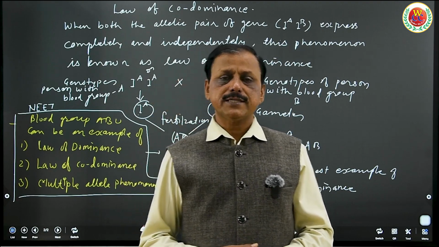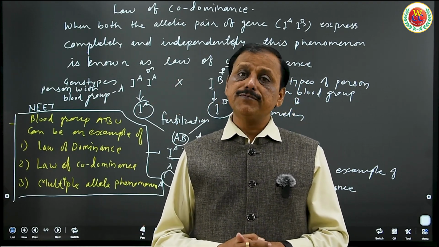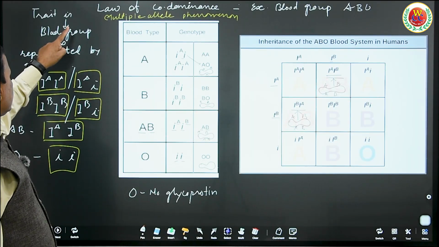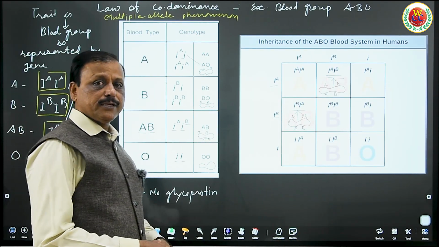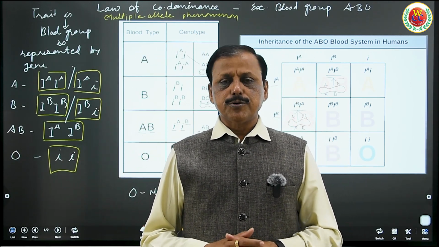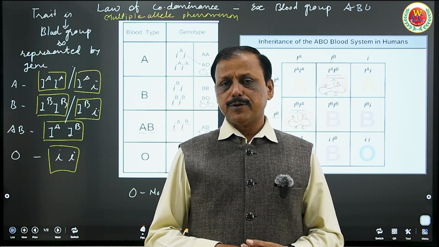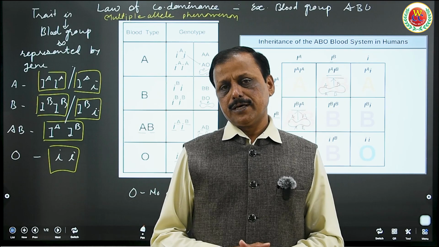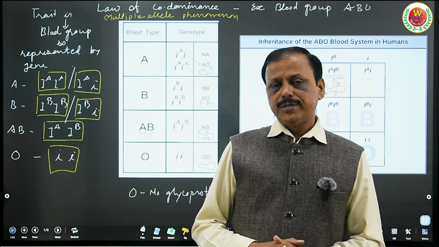I hope you did understand codominance and the multiple allele phenomenon, as many allelic pairs of genes control the trait blood group.